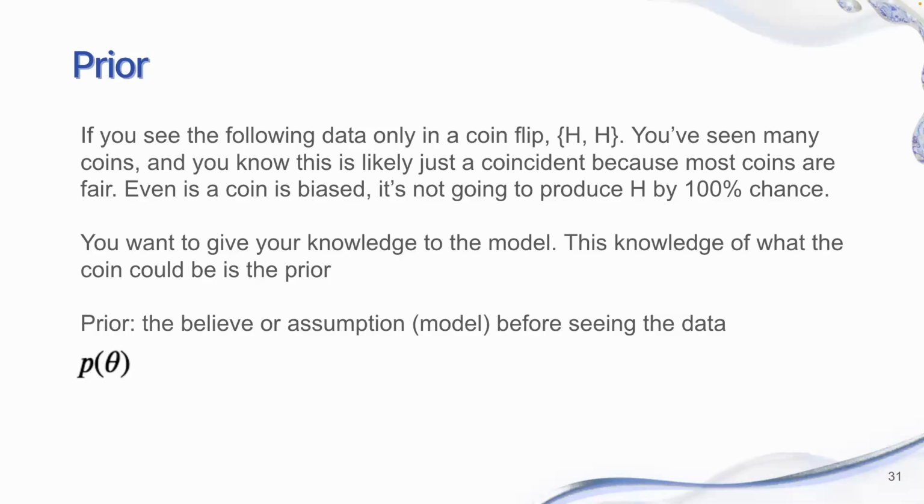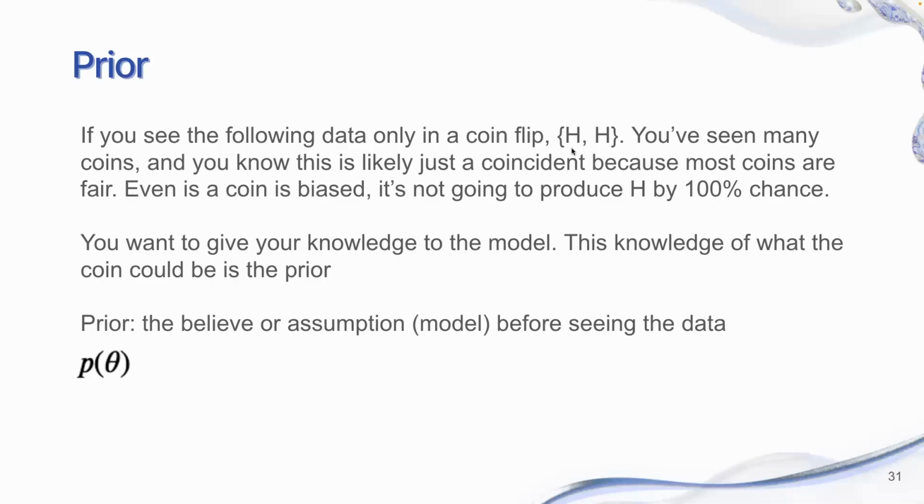It's like you're injecting initial knowledge into your model, right? Because in this case, if you train an MLE to maximize the likelihood, your model would just say the best model for this data is that a coin lands 100% on heads. But based on your real world knowledge, that's probably not true.